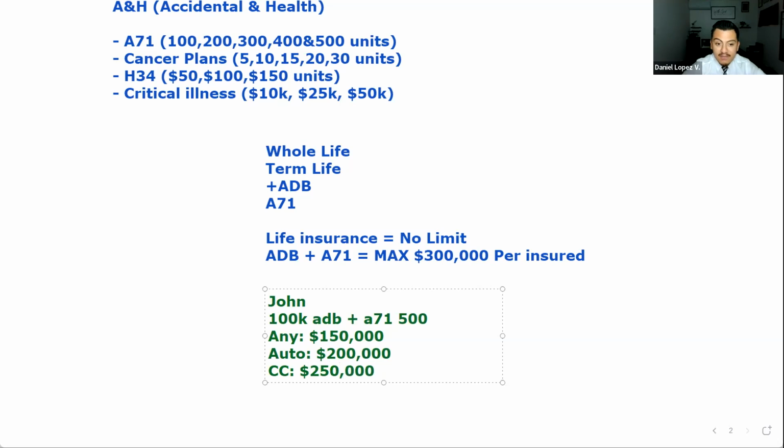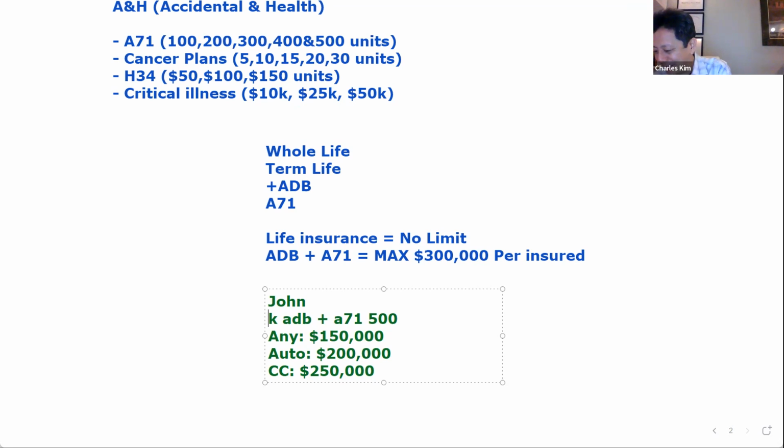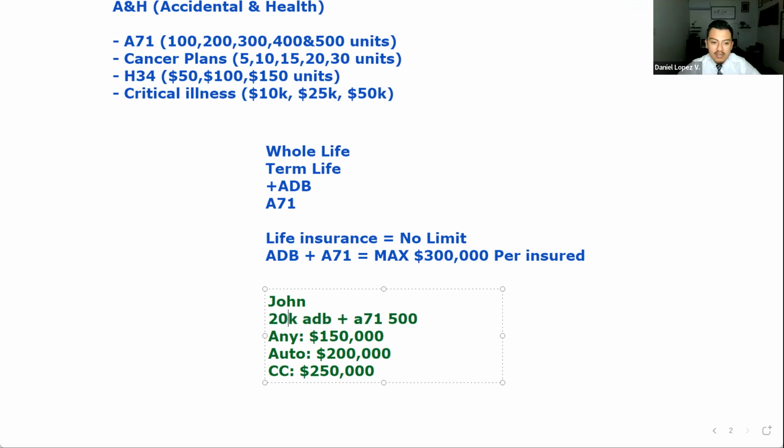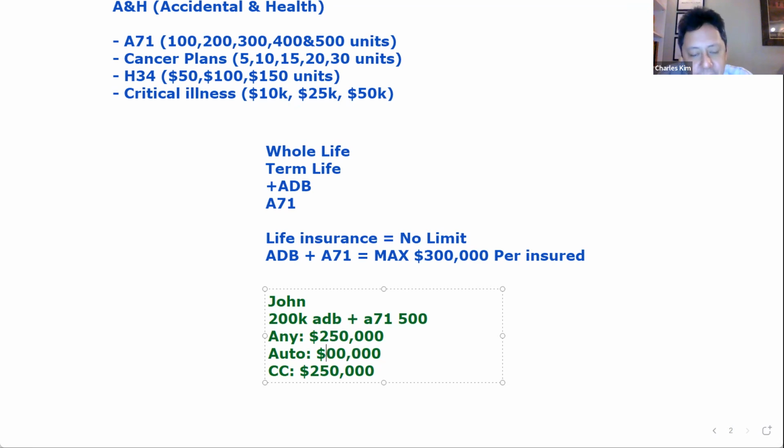So we're still good, because it's still not above 300,000. But let's say I max out ADB. What's the max amount of ADB I can give someone? Jennifer? 200. So let's say I give the max amount of ADB to John with the A71 500 unit. Now if he dies due to any type of accident, he's covered for 200 plus 50,000, that's 250. 200 plus 100,000, that's 300.